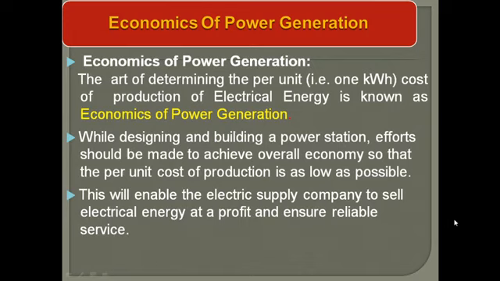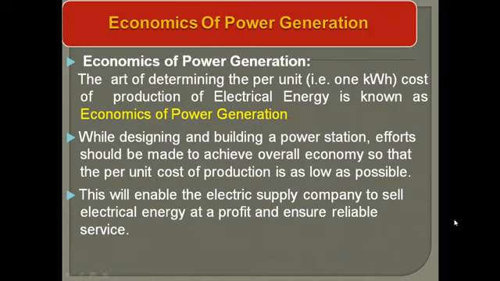Among many factors, the efficiency of plant is one of the factors that determine the energy cost. So, what is the economics of power generation? It is the art of determining per unit cost of production of electrical energy.